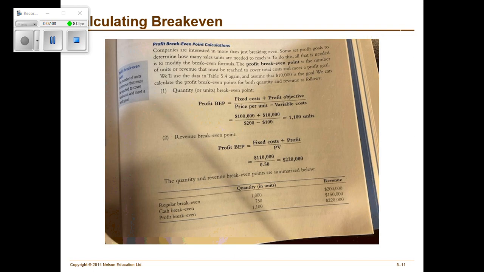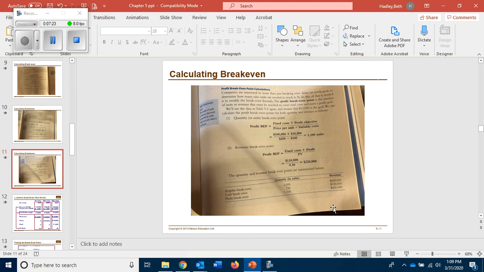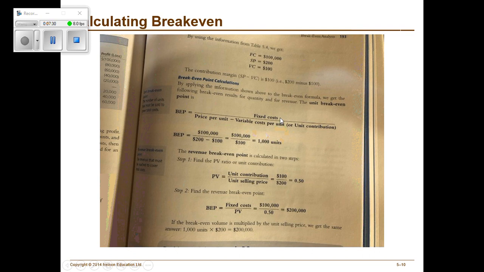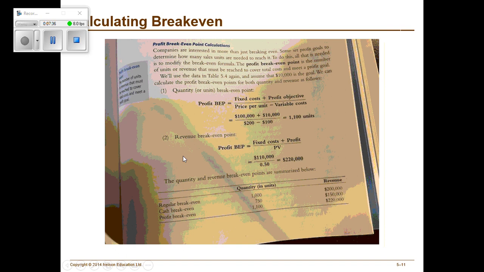So if you want to figure out how many units you need to sell, or how much revenue you need to reach a certain level of profit, then you need to not just meet our fixed costs up at the top. We actually want to add profits up there.